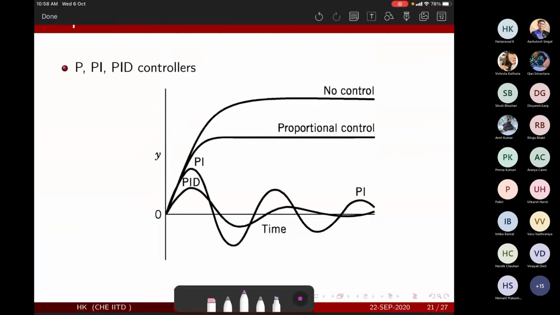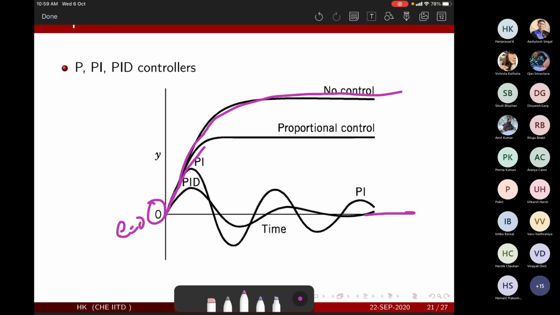Okay, then I will stop in a couple of minutes, after showing generally how the responses look. If there is no control, let's say this is your set point, where zero means that the error is zero. This is the point that we need to track. If there is no control, it would go wherever it wants.